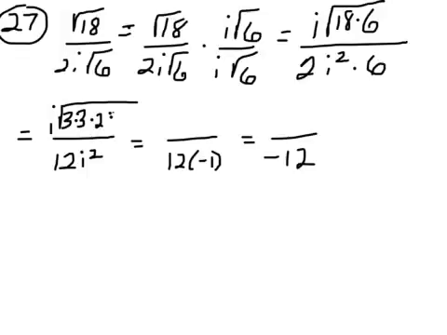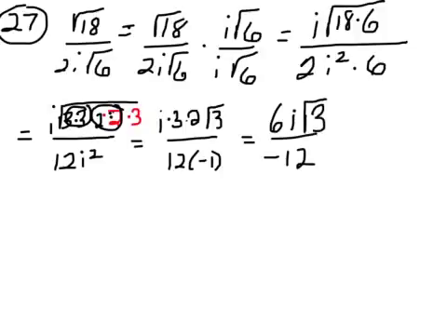I'll put the factors of 6 in a different color just so you can see where there's that break. So we've got an i on the outside still. We've got a pair of 3s and a pair of 2s, so we can take a 3 out front and a 2 out front, and we'll have a 3 left inside. So on the outside we have 3 times 2, which is 6, times i square root of 3.